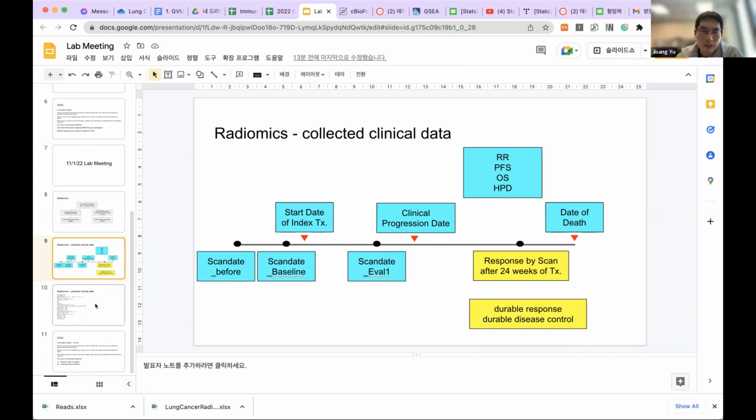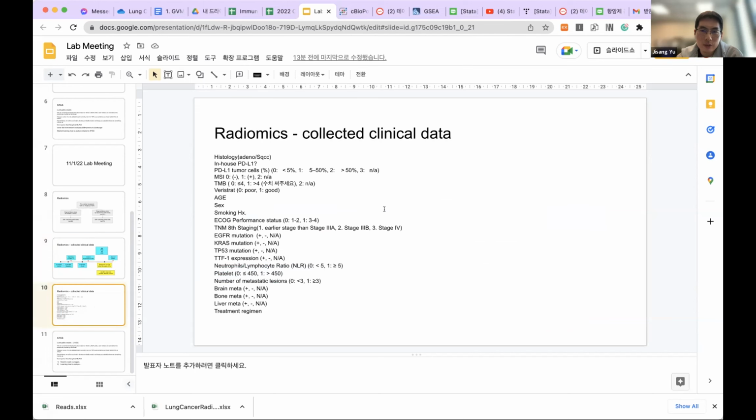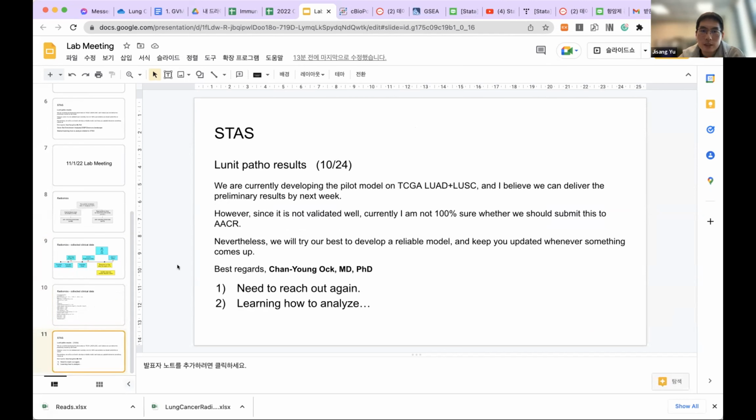So we have all the data in terms of ready mix, and then about the STAS project, the last mail we got from Dr. Oak was just 10/24. So I think I need to reach out again to get the patho result.